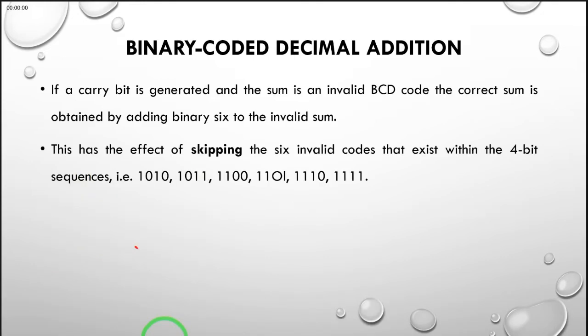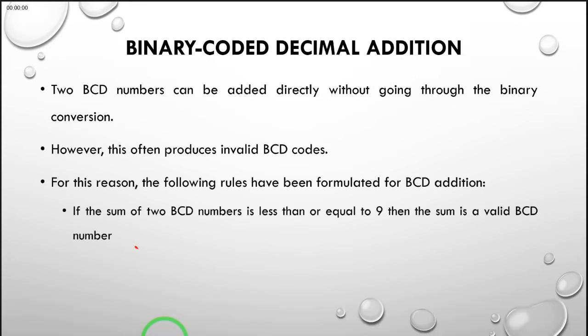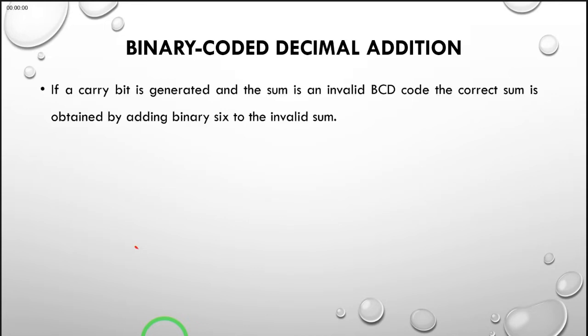We had said here that some rules apply. If the sum of two BCD numbers is less than or equal to 9, the sum is a valid BCD code, and that we have done using the first example. The second example that we have done, which involved 9 plus 8, has given us 17.